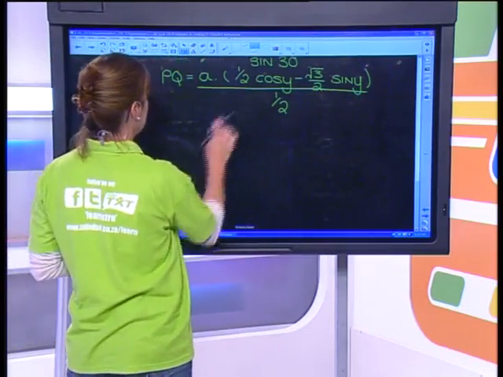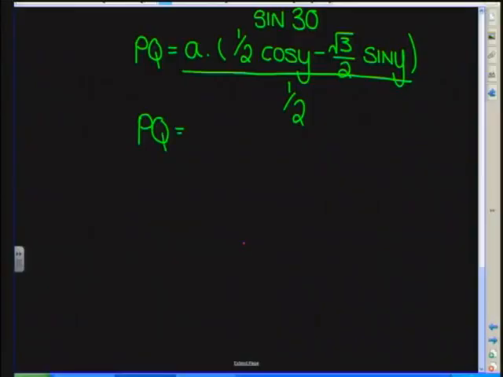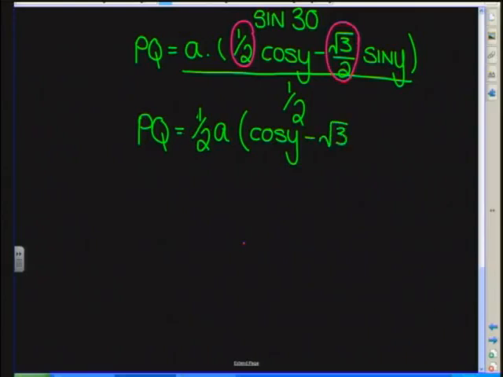So let's see what we've got here. PQ is now equal to, do you guys agree with me that I could actually take out a common factor here? And that common factor is going to be a half. So I've got a half A, which inside my bracket is therefore going to leave me with a cos y minus a root 3 sine y.